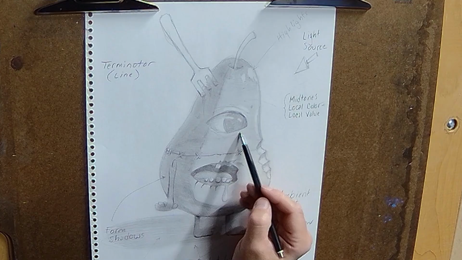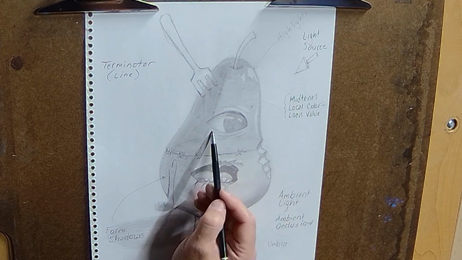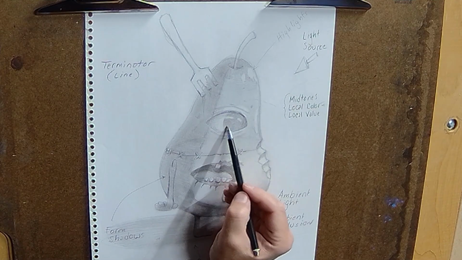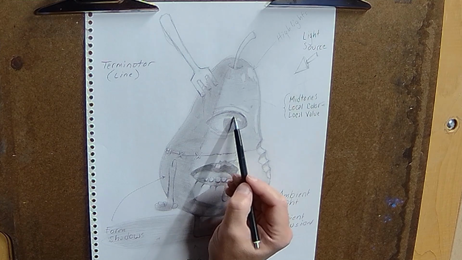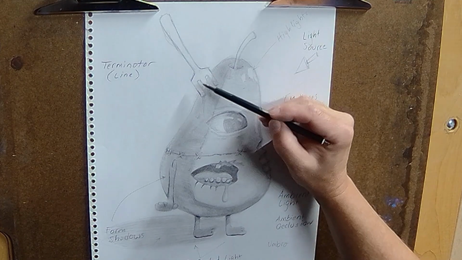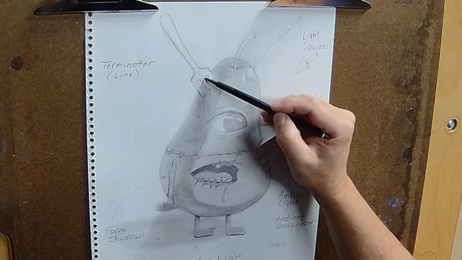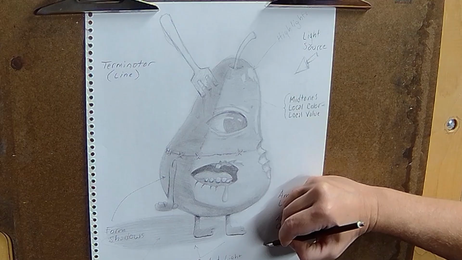But again, as much as you possibly can, try to follow the contours. I want those highlights on his eye surface to stand out a little bit more. There's all kinds of adjustments we could keep making, but I think this video is probably long enough at this point. Let me get an arrow from this.